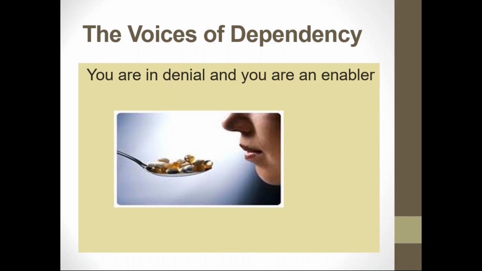And finally, we heard you're in denial and you are an enabler. So this is very typical chemical dependency language. You probably understand what this means, obviously, the words denial and enabler. And I'll explain what some of these terms mean later on in the presentation.